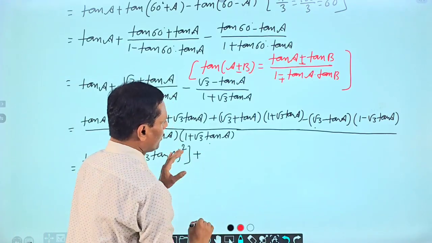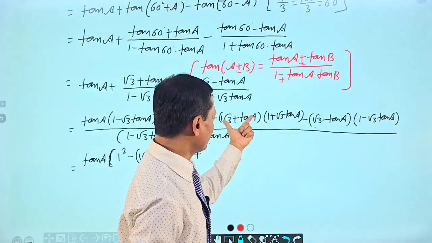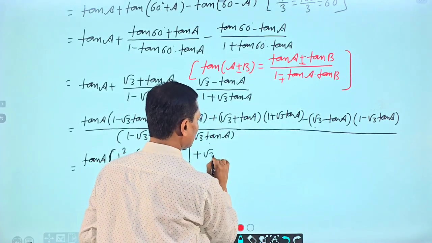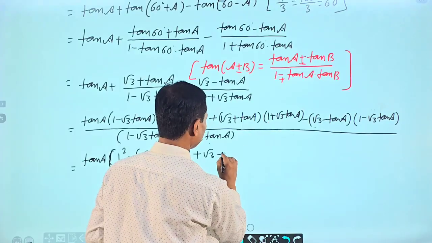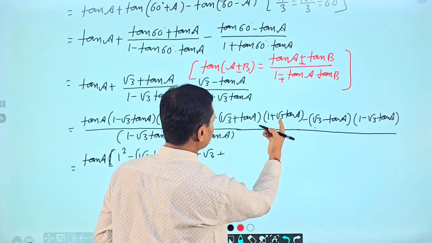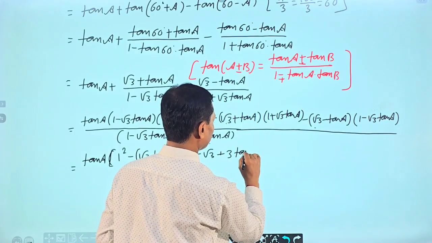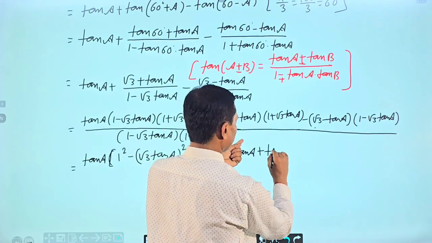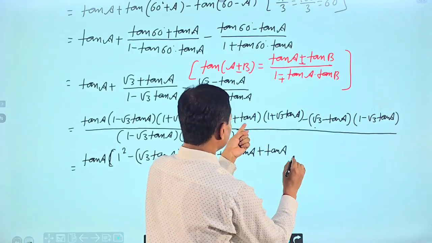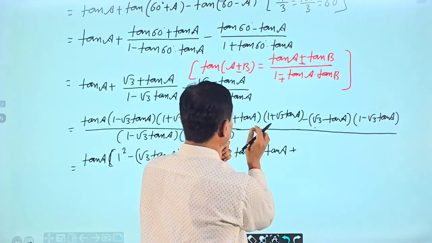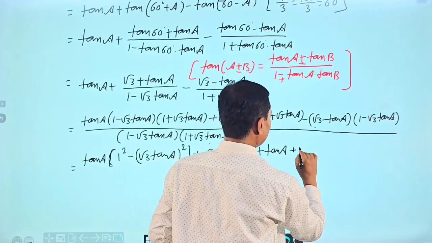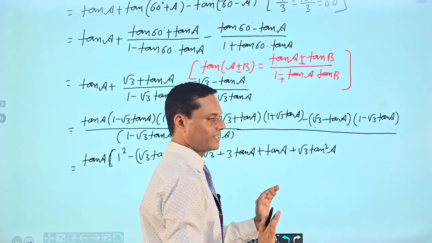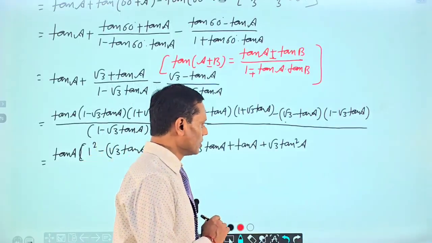Here we are going to multiply this, isn't it? So when you open this bracket by root 3, we write here root 3 into 1, root 3, plus root 3 into root 3, that is 3 tan A, plus tan A here, and after that plus tan A into root 3 tan A means root 3 tan square A. It's clear? Okay.